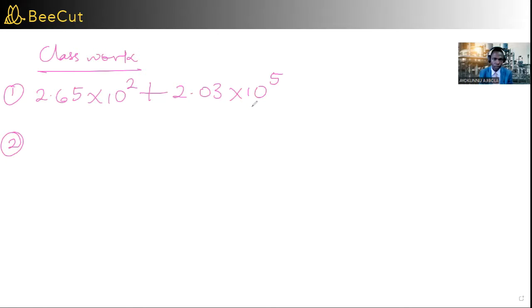Then the second one, I have 3.18 times 10 raised to power 4 minus 6.5 times 10 raised to power 2. So you have to do these two now and tell me your answer.